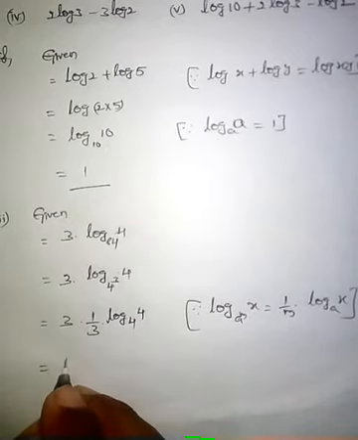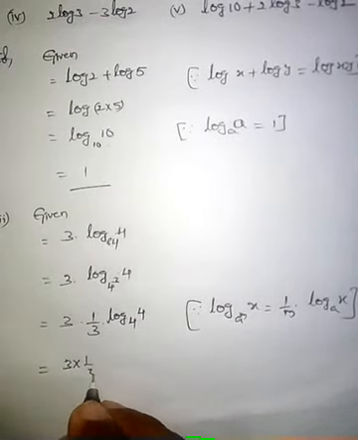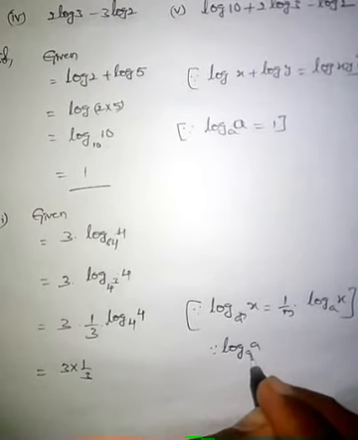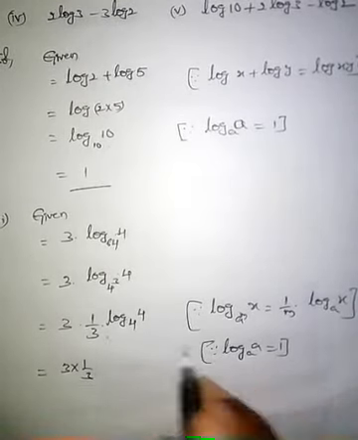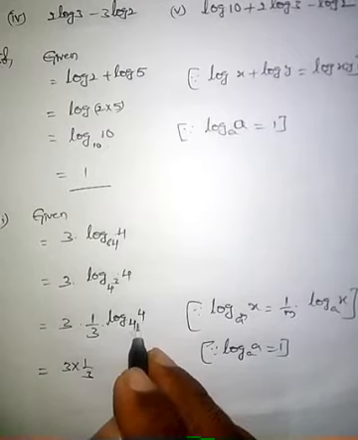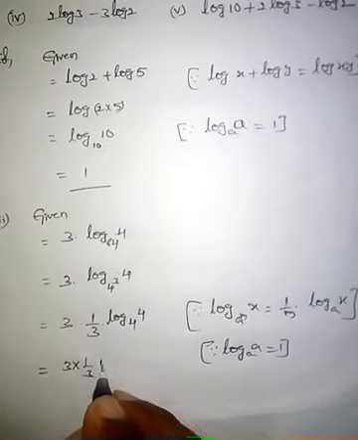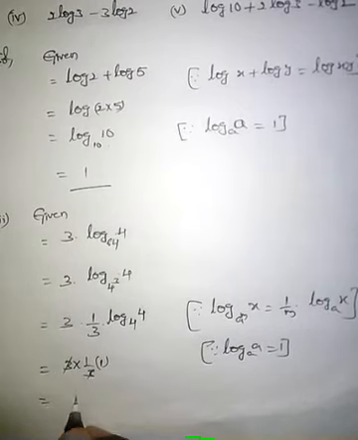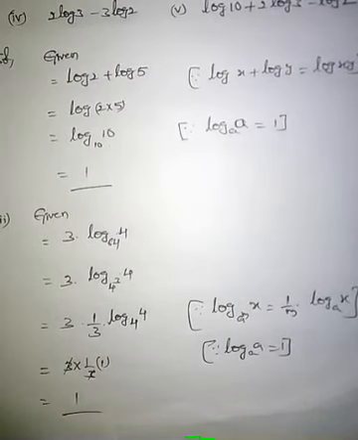So already we used the formula, log a to the base a equal to 1. Here the number is 4 and the base is also 4, that's why the value is 1. So that is 3 into 1 by 3. The 3s get cancelled, so the result will be 1. Okay.